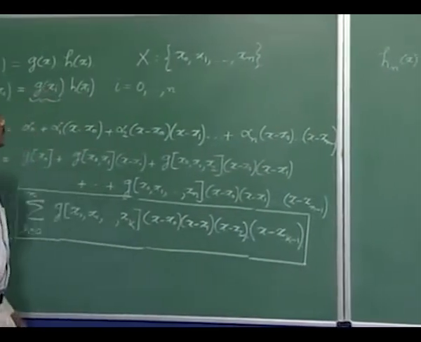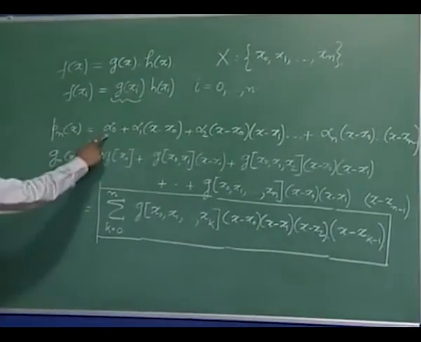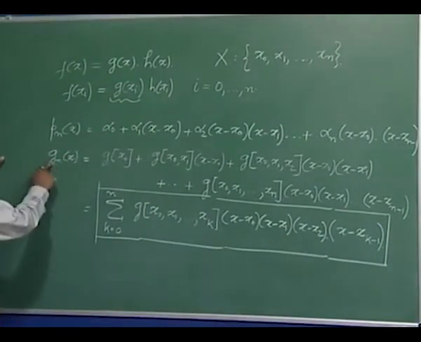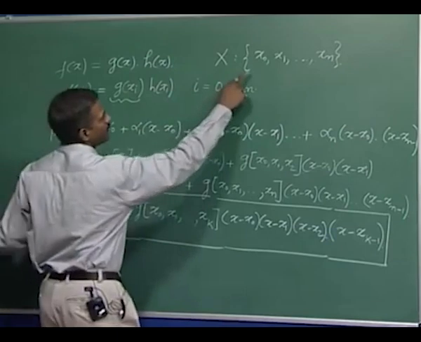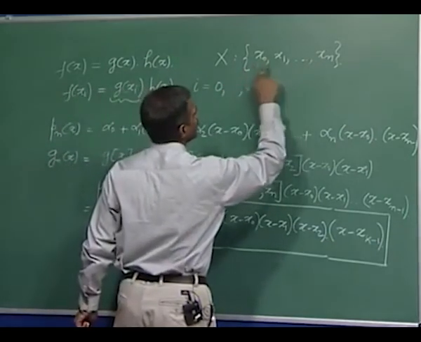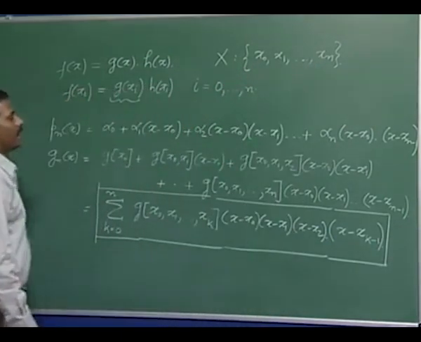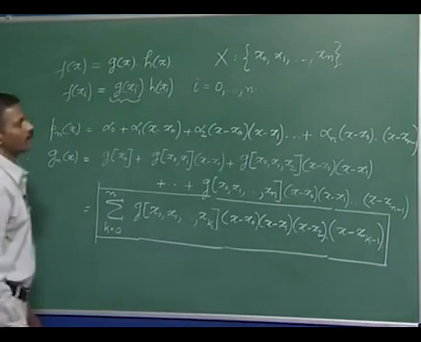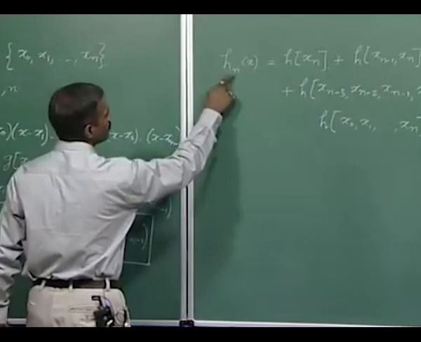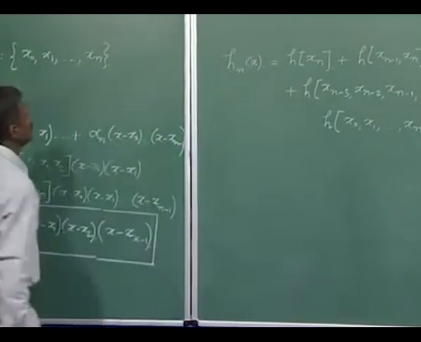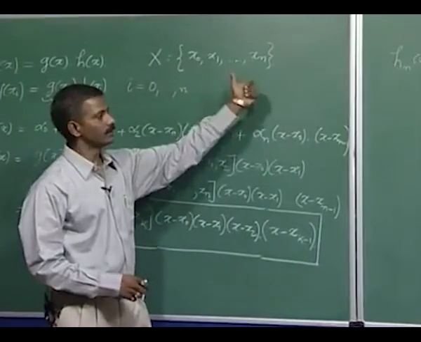Once again, we computed these divided differences in case of g from left to right in xi, and to compute the nth degree polynomial to represent h of x, we went the other way around.